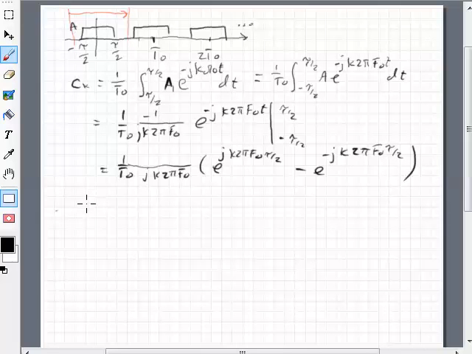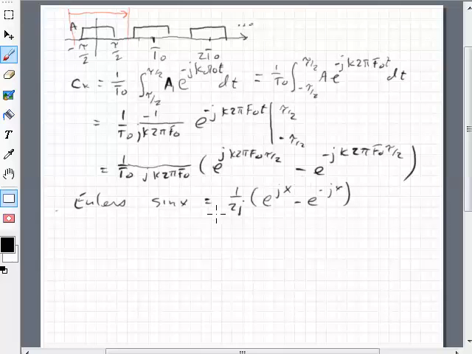All right, now you have to remember little Euler's to get any further with this. Euler's identity for a sine is equal to 1 over 2j times e to the j x minus e to the minus j x. So that's Euler's identity for a sine. And you see that that's what we've got sitting inside of there.